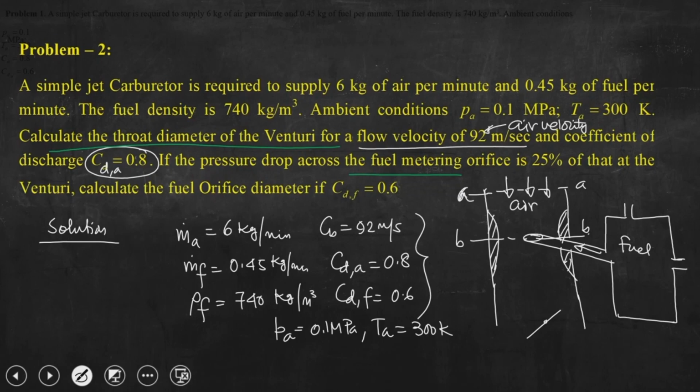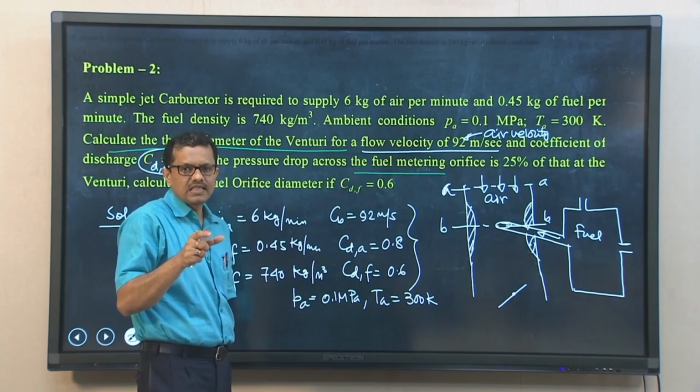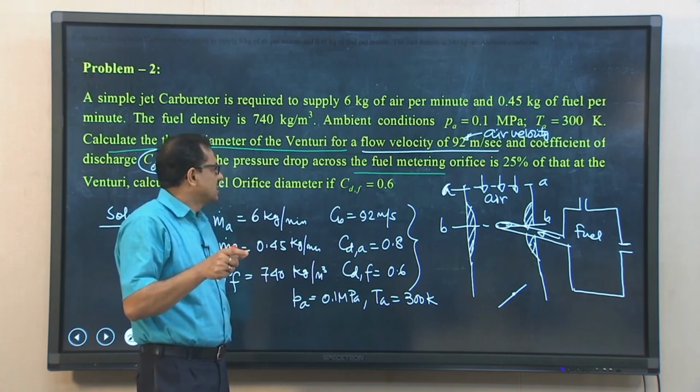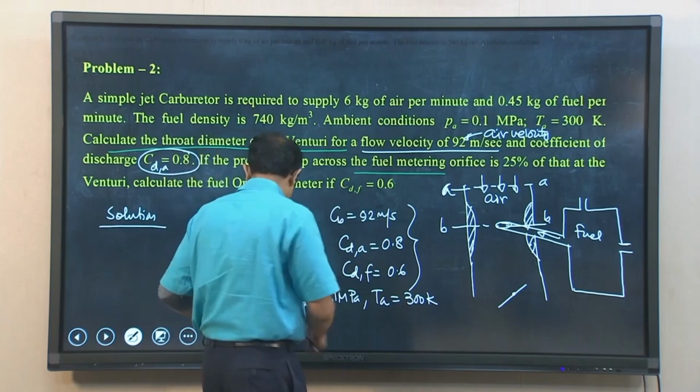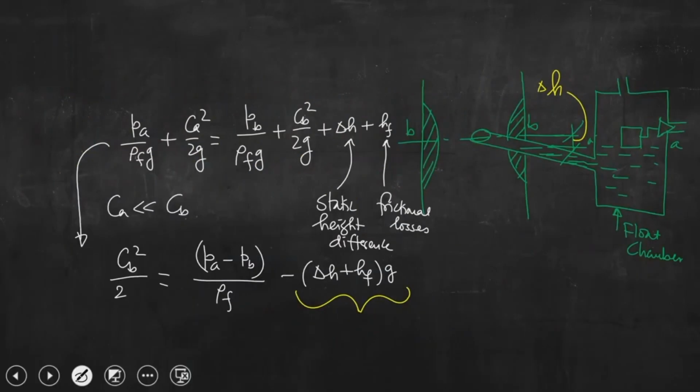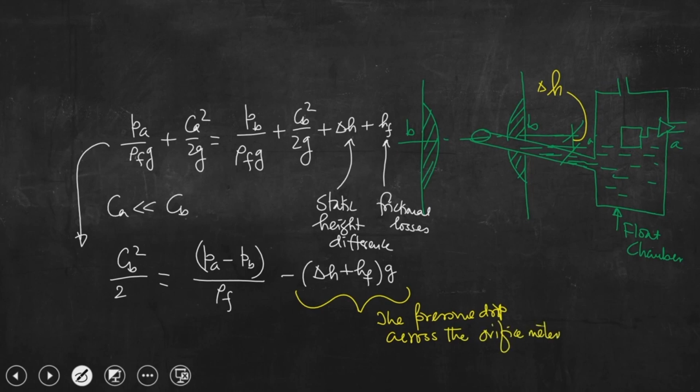At the venturi the pressure drop is PA minus PB, and the orifice is 25%, so I can write this is the pressure drop across the orifice meter, and that is given.